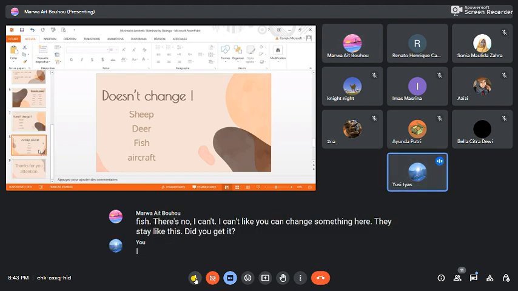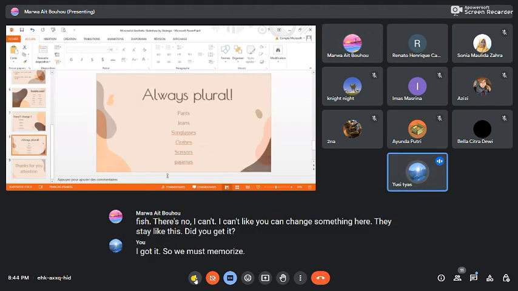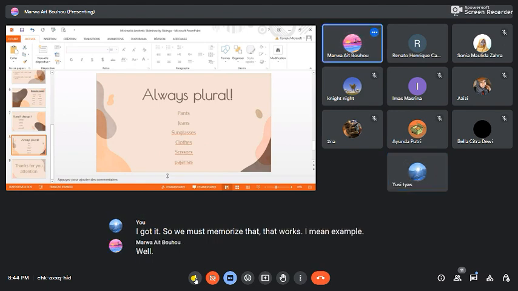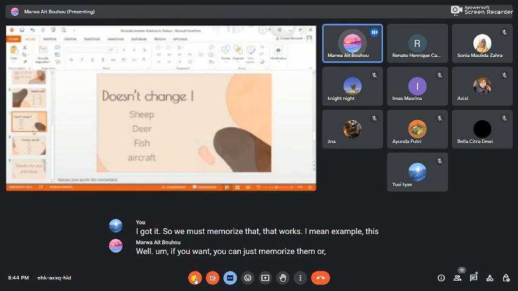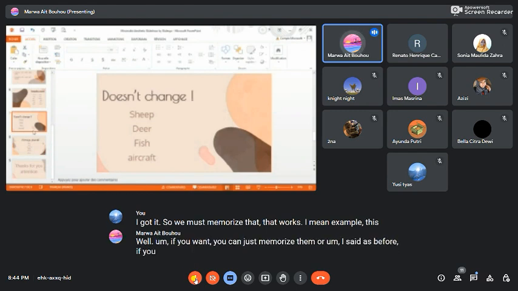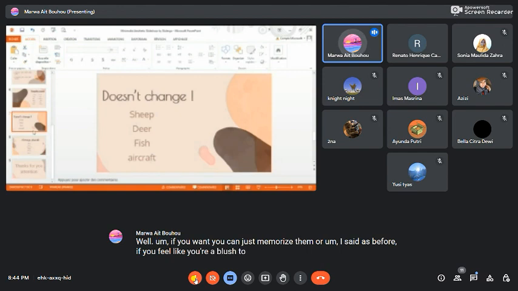So we must memorize those words. I mean, for example, fish. If you want, you can just memorize them. Or as I said before, if you feel like you're obliged to memorize something, you always forget it.